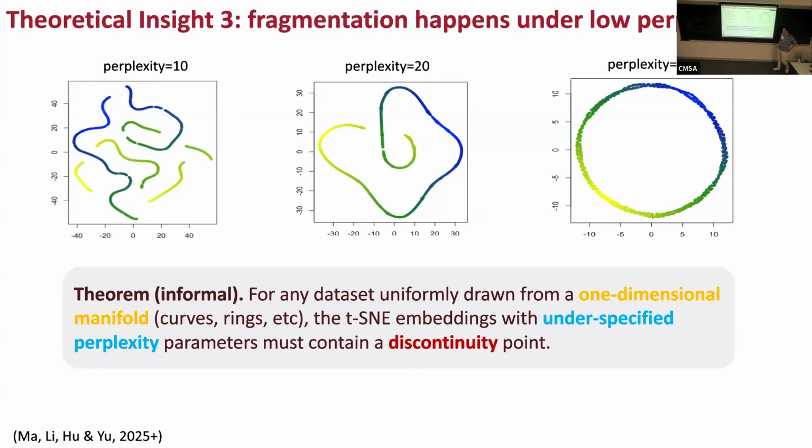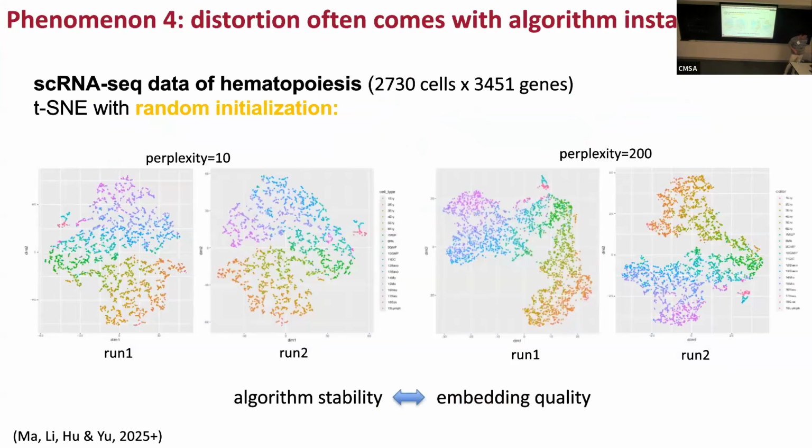So it turns out that because of the way the t-SNE optimization is designed, the minimizer in the low perplexity regime is supposed to be fragmented. And another aspect is that, remember, t-SNE is a randomized algorithm.